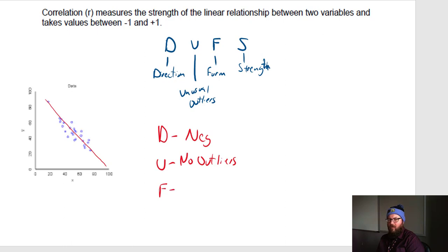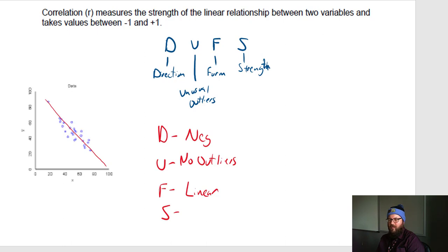For the form, we want to know if it's linear or non-linear. In this case, this looks pretty linear. It's actually forming a nice, closely related linear line. And strength. For our strength, we gotta think about this a little bit.